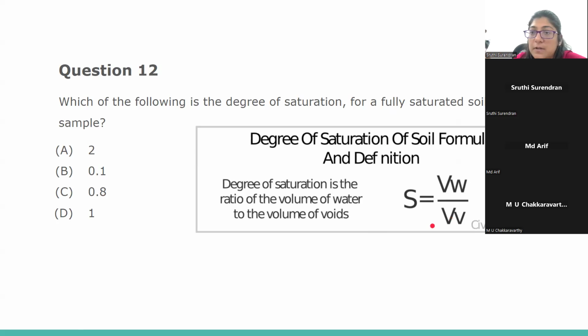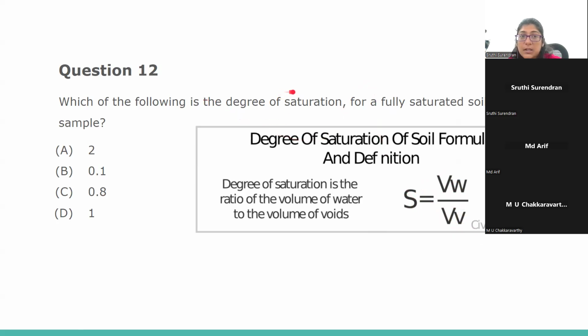So how much of the pores are filled with water is what is given by this quantity. The degree of saturation is given by the volume of water in the pores to the total volume of pores or voids.